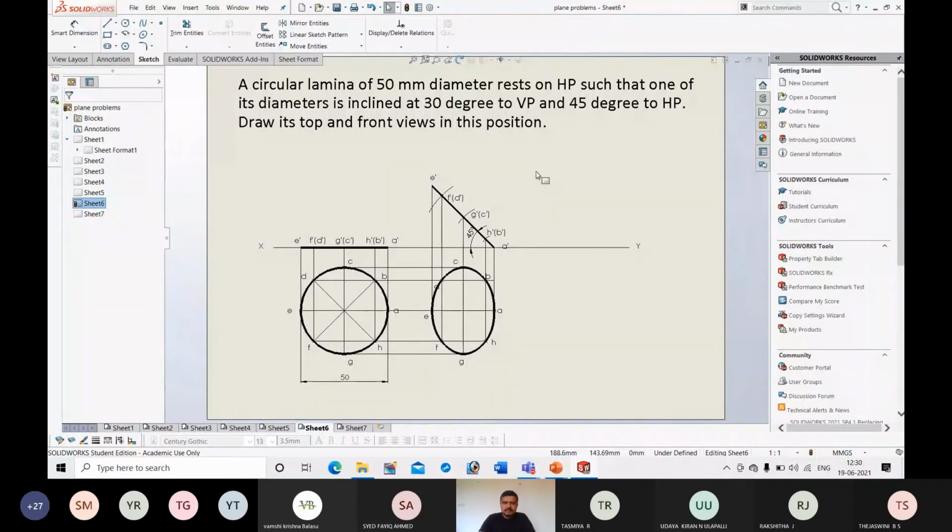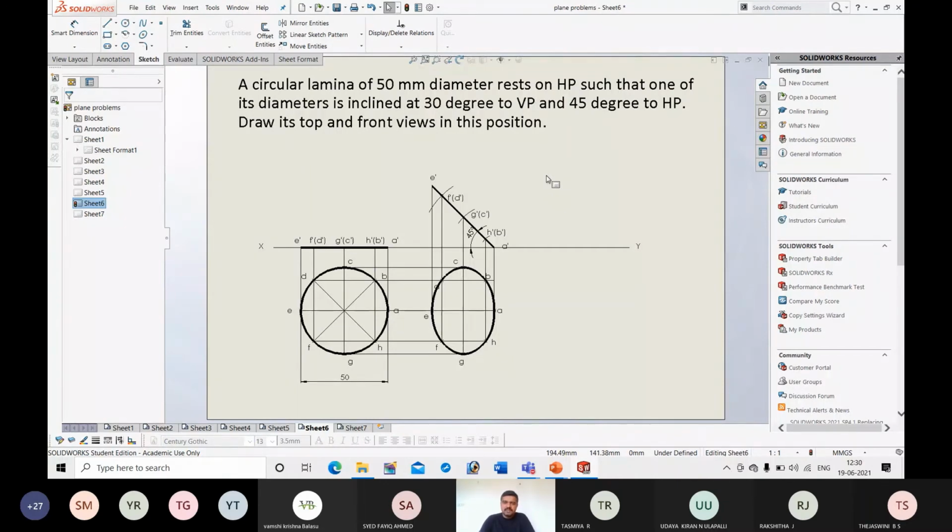So it is true inclination. Given inclination is true because one of the diameters is inclined at 30 degree. That means diameter is inclined at 30 degree means true inclination. Instead of that, if they use diameter appears to be inclined at 30 degree to VP, that is false. Appears means actually it is something else, but it looks like that. That is the way of representing false angle.